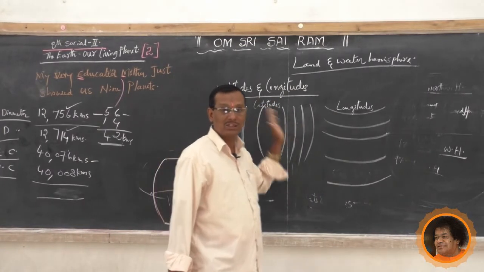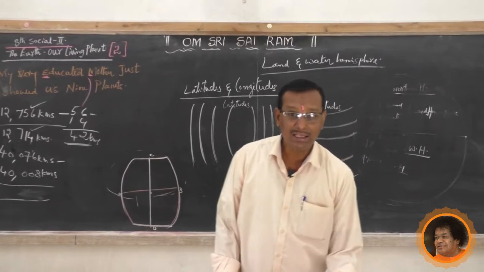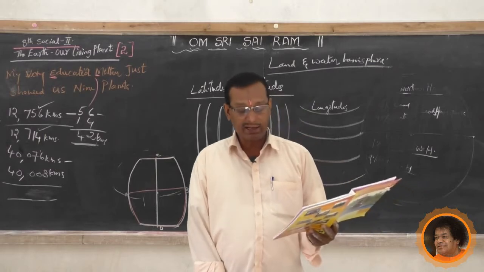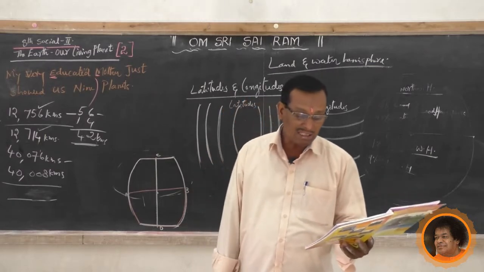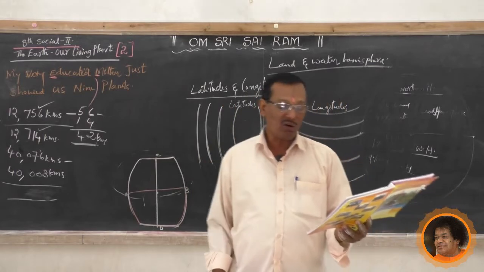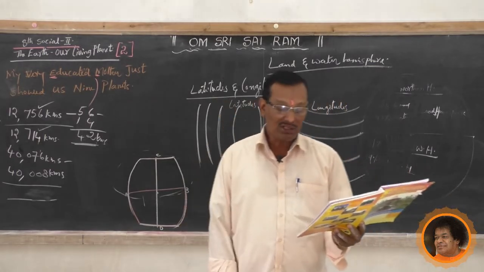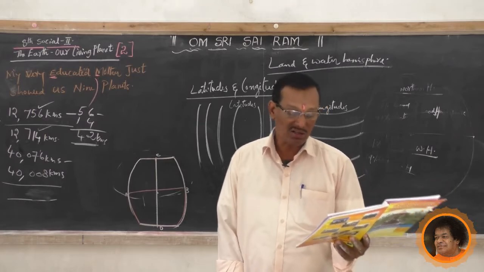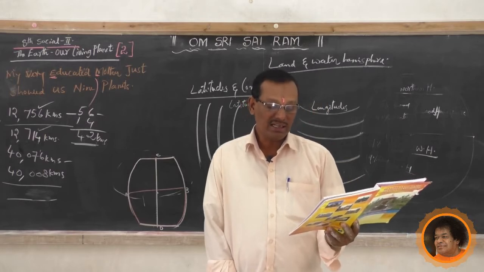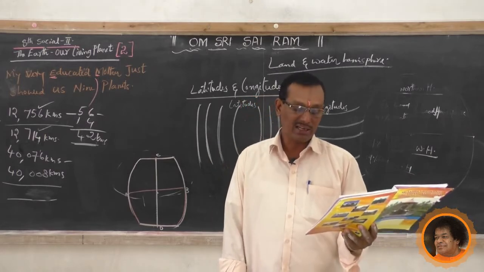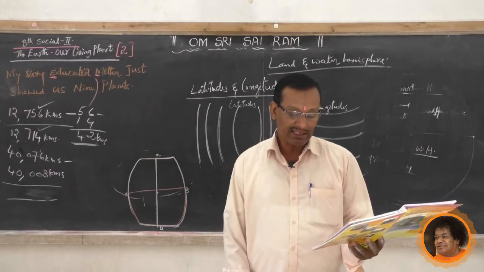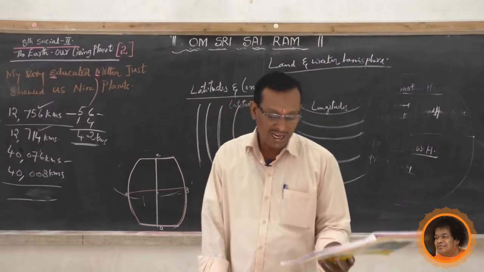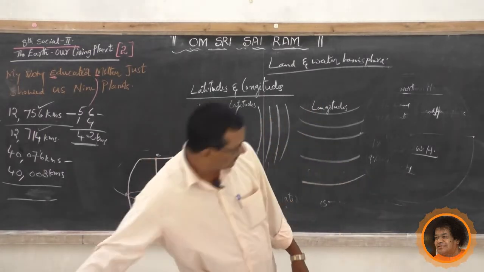Geographers. Latitudes are imaginary lines which join all the places which have the same angular distance north or south of the equator. It is measured in degrees. The equator is the longest line of latitudes, known as the great circle.